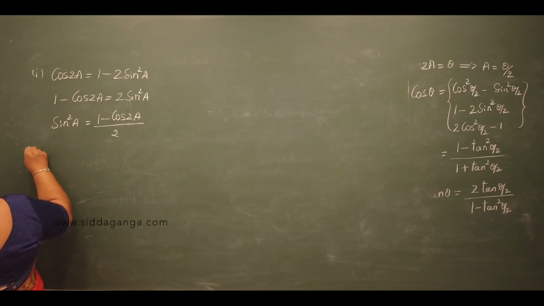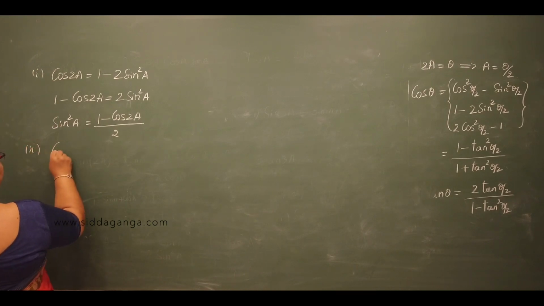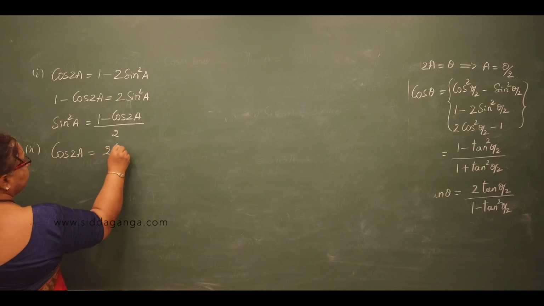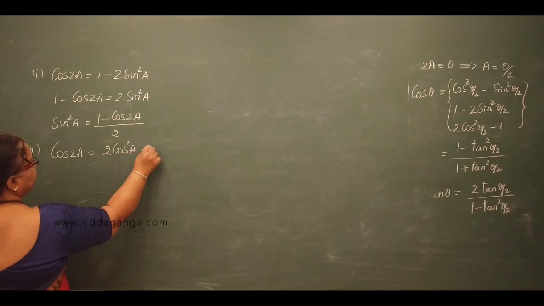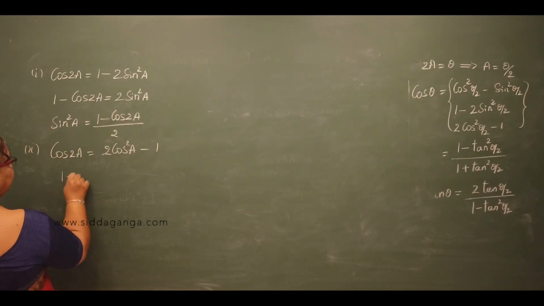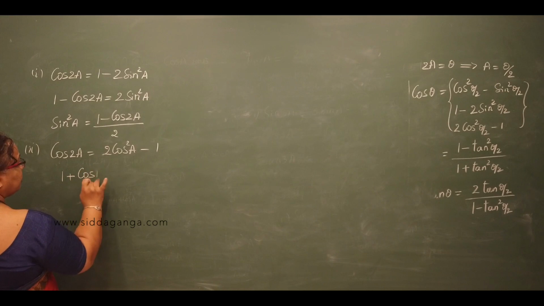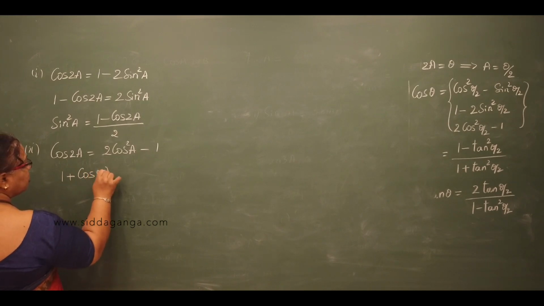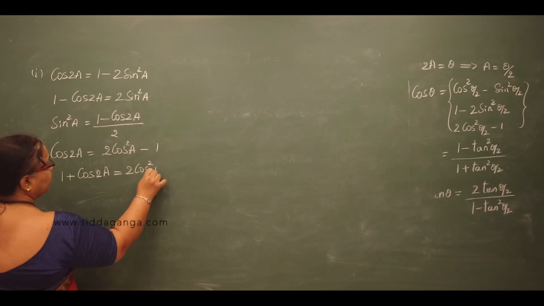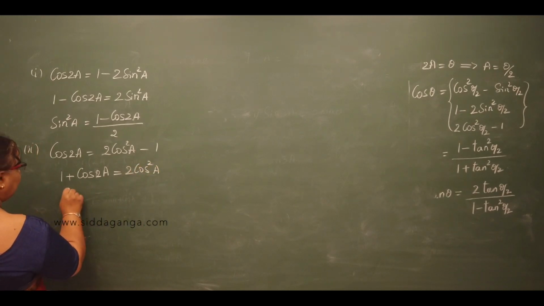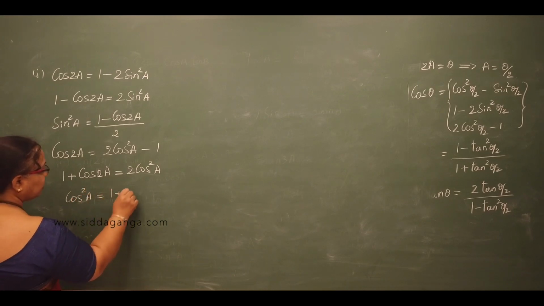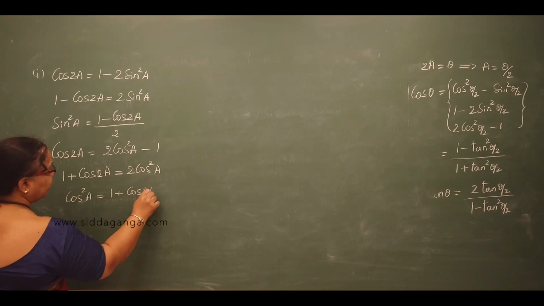Next, cos 2A only in terms of cos ratio, that is 2 cos square A minus 1. Shifting 1 to the left side, it becomes 1 plus cos 2A equal to 2 cos square A. Therefore cos square A is equal to 1 plus cos 2A divided by 2.